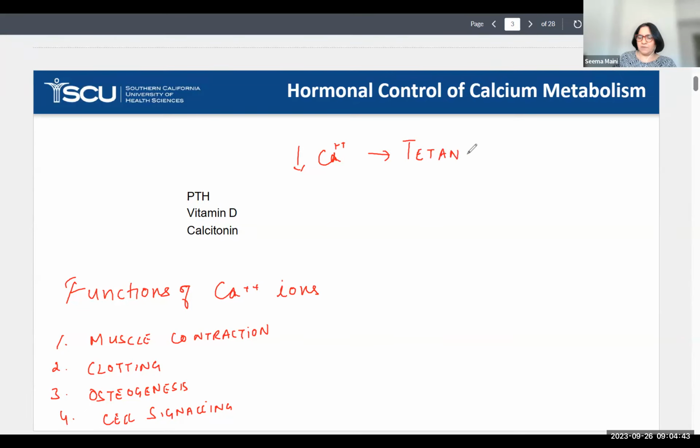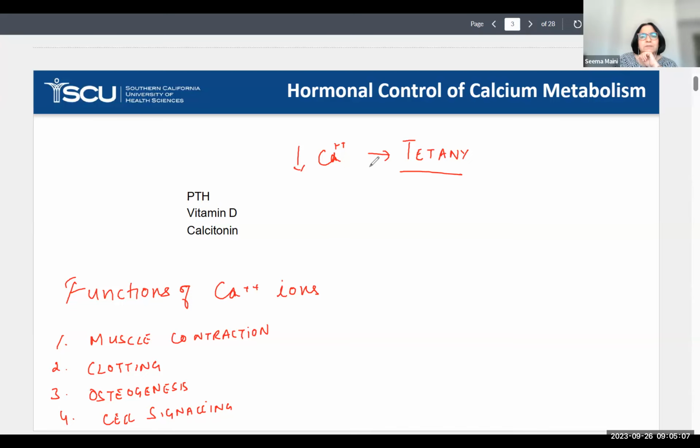Hypocalcemic tetany, and Trousseau's sign, and there is Chvostek's sign. You might have done that with Dr. Burdett in your clinical labs, right? What is the cause of tetany in case of hypocalcemia? Tetany means spasmodic contractions of your muscles.